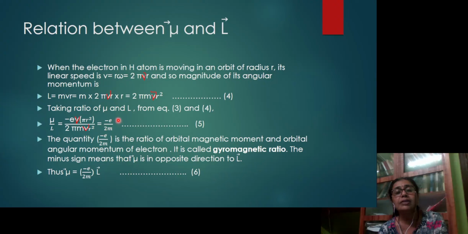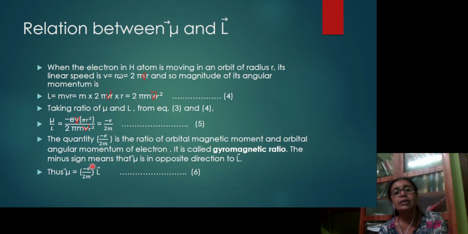Remember, e, that is electronic charge, is a constant, and m, that is electronic mass, is again a constant. So the quantity minus e divided by 2m is also a constant. This constant is called the gyromagnetic ratio. So the ratio of orbital magnetic moment to orbital angular momentum of the electron is called the gyromagnetic ratio for orbital motion, and it is given by minus e upon 2m.